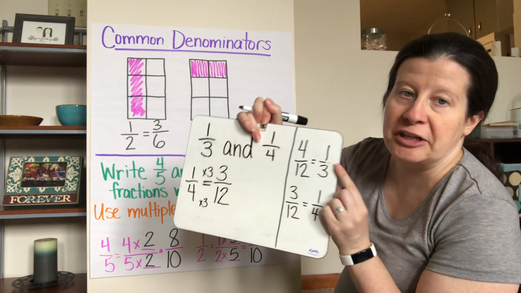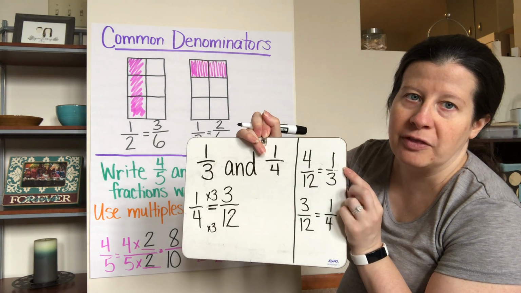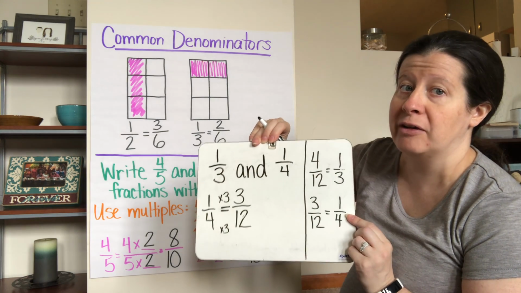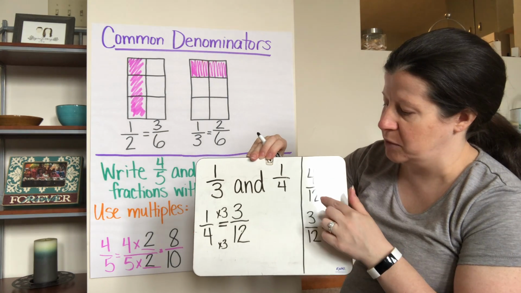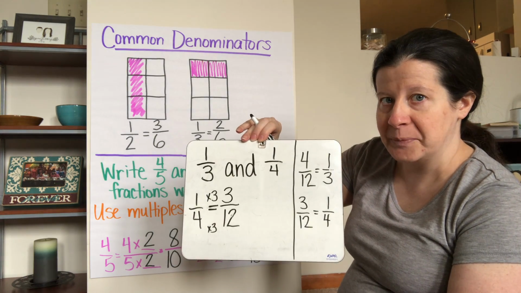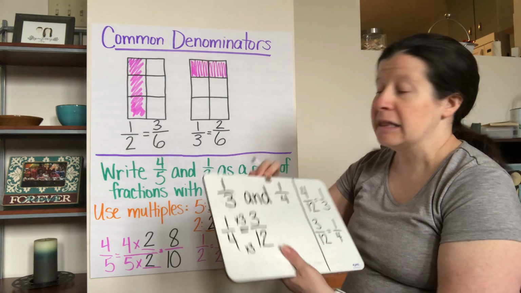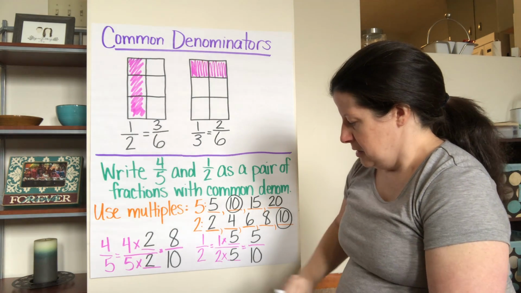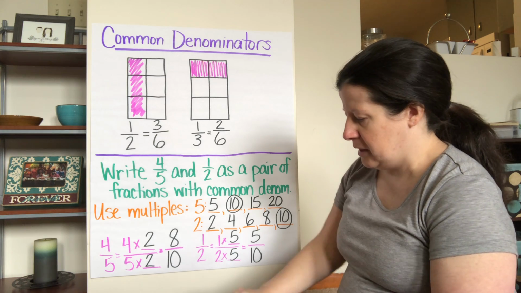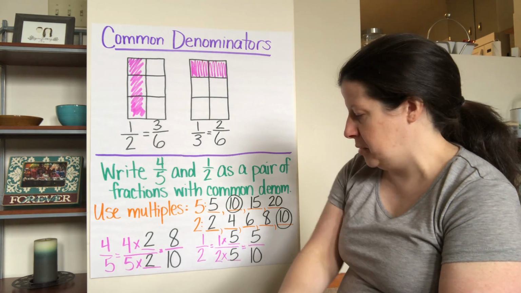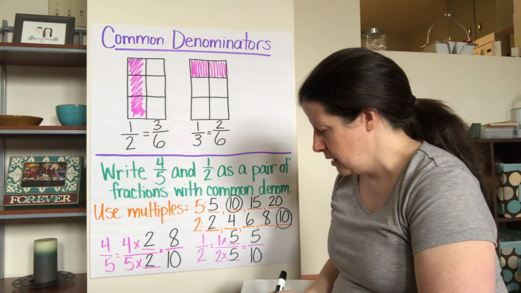And I have changed those two fractions of 1/3 and 1/4 into a pair of fractions, 4/12 and 3/12, that have a common denominator. Okay, let's try one more together. Keep your paper, and we'll walk through it now and maybe take away a few steps to make it a little bit easier for us.